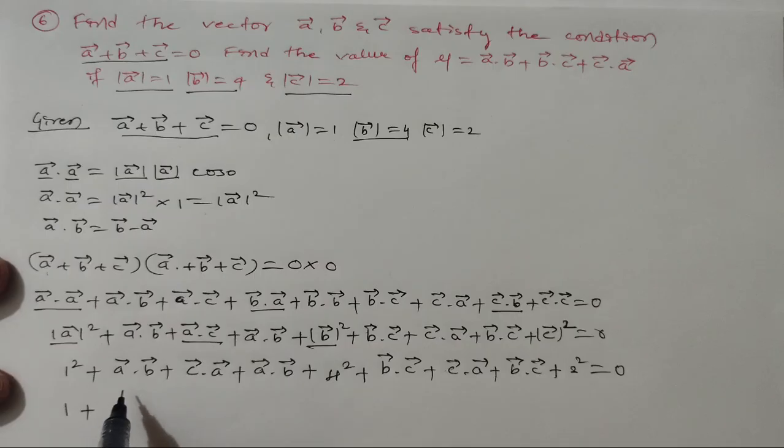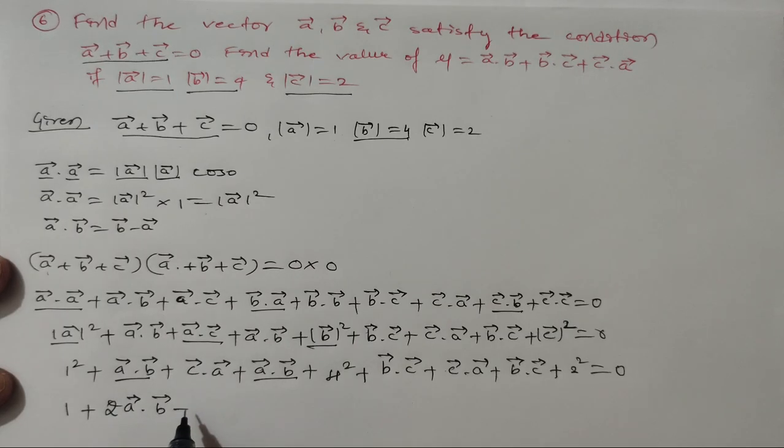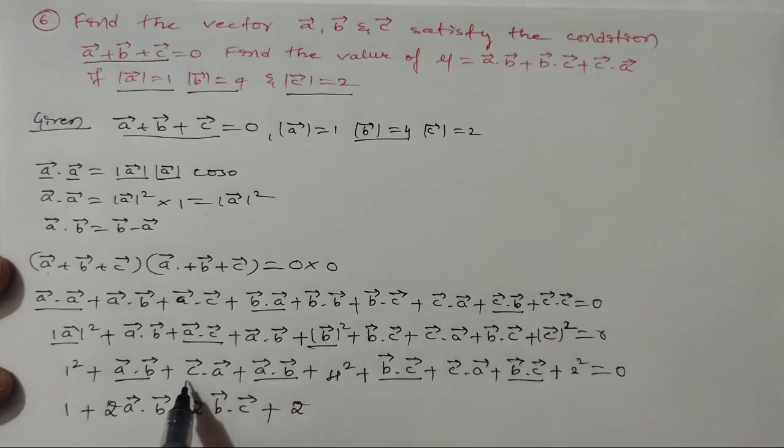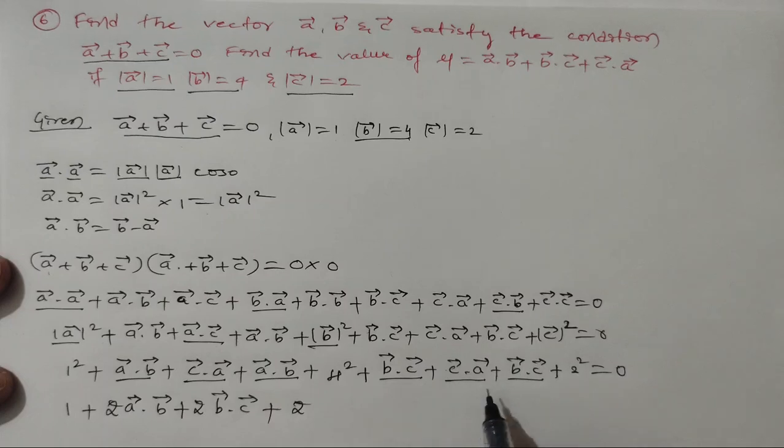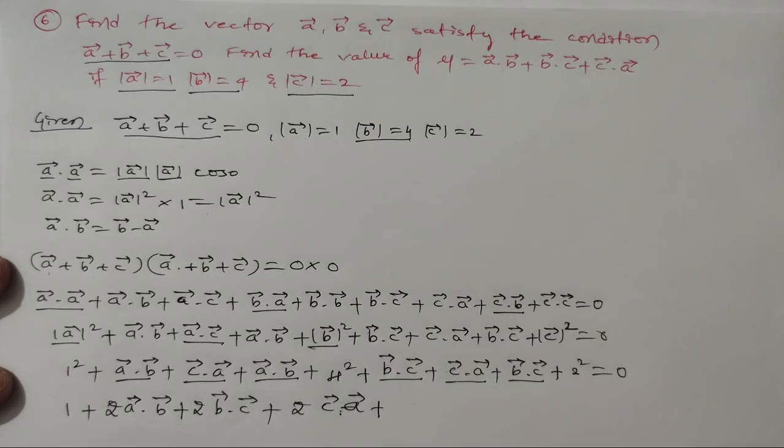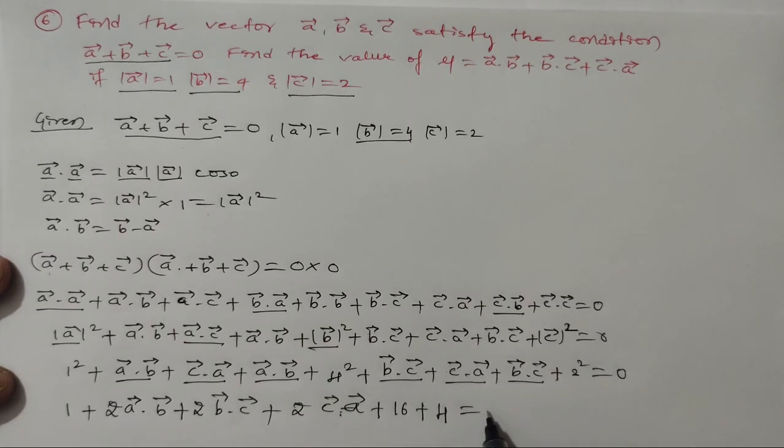Plus, a vector dot b vector plus a vector dot b vector becomes 2 a vector dot b vector, plus b vector dot c vector plus b vector dot c vector becomes 2 b vector dot c vector, plus c vector dot a vector plus c vector dot a vector becomes 2 c vector dot a vector. Next plus, 4 square becomes 16, next 2 square becomes 4, equal to 0.